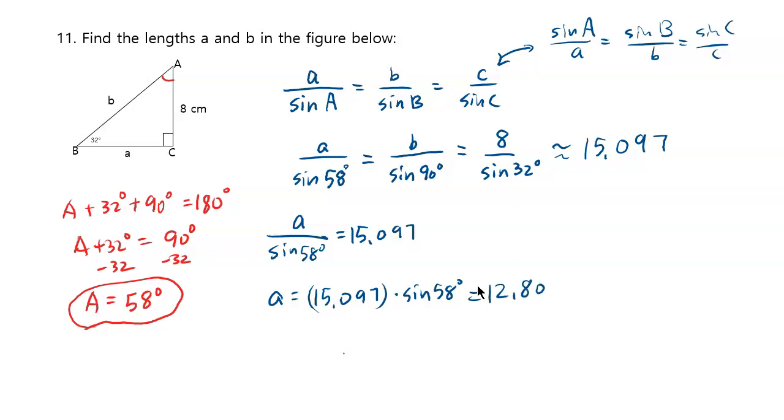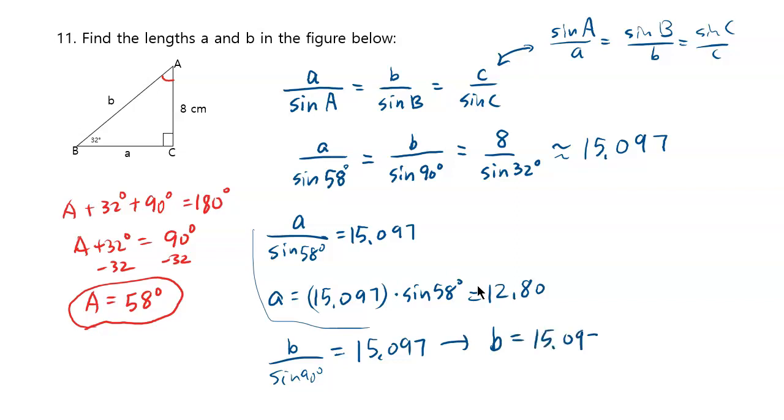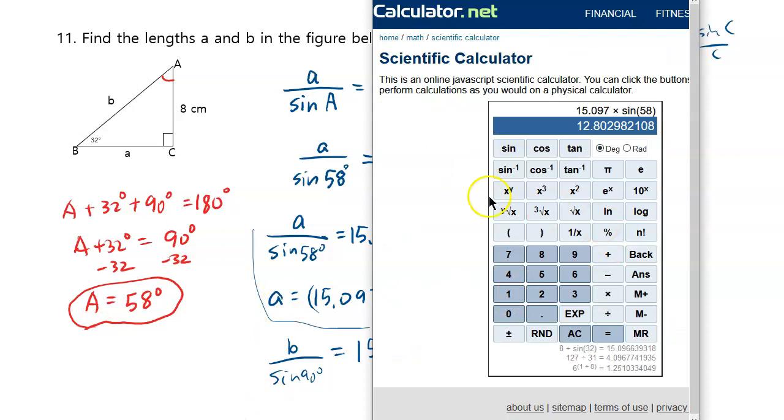Okay, you can do the same thing for B. B over sine 90 is 15.097, so B would be 15.097 times sine of 90 degrees. But guess what? Sine of 90 degrees is 1. How do I know? Well, I just know that. Let me just show you.